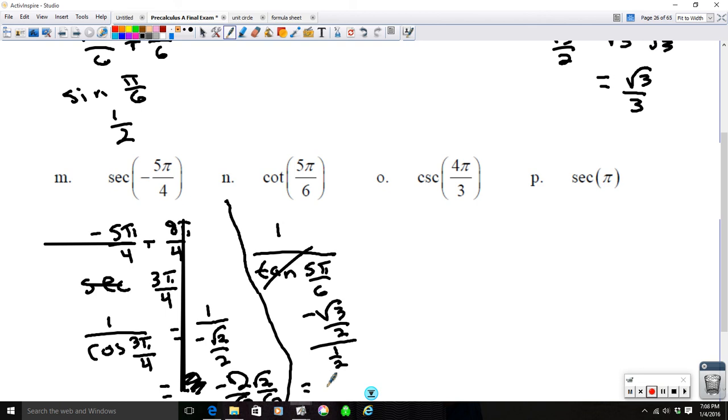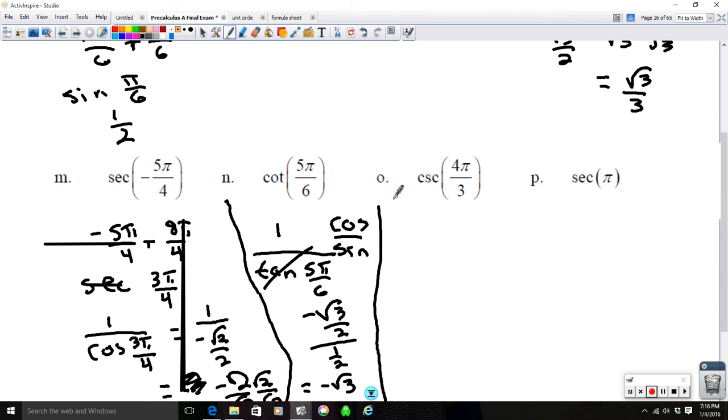Which is going to be equal to negative root 3 over 1. Okay, because again, cotangent we can do as cosine over sine instead of sine over cosine for tangent. And it's just an easier way of doing the problem.